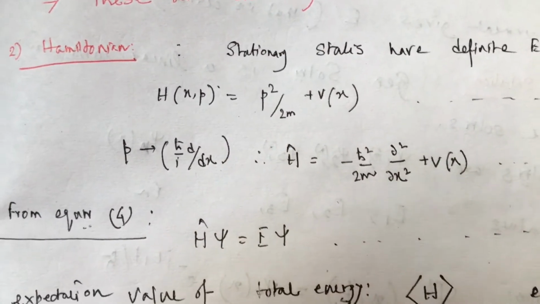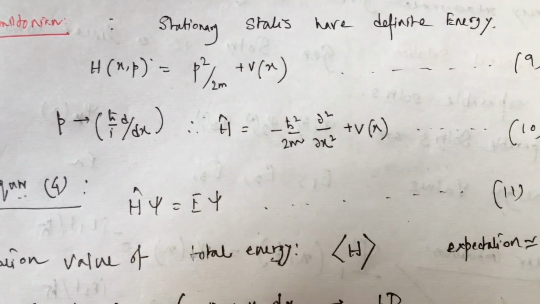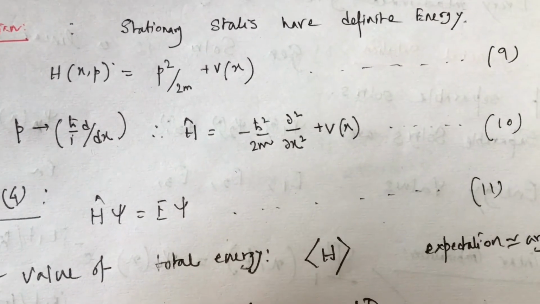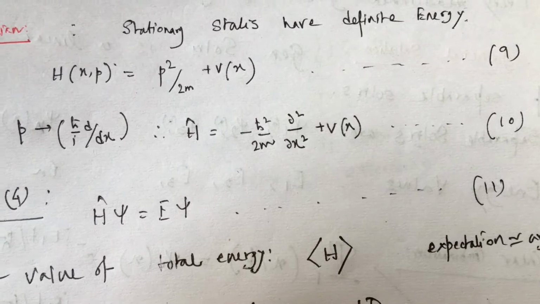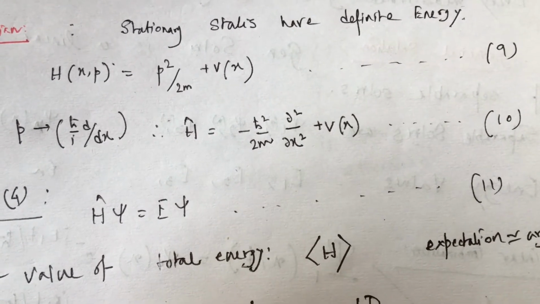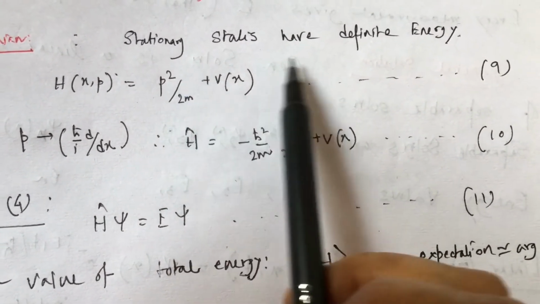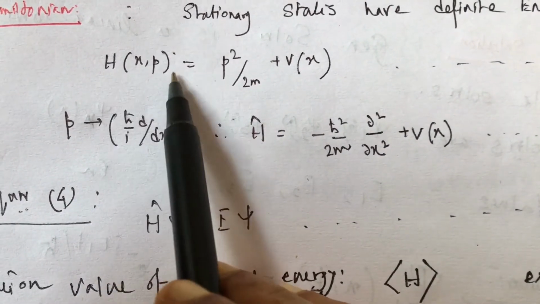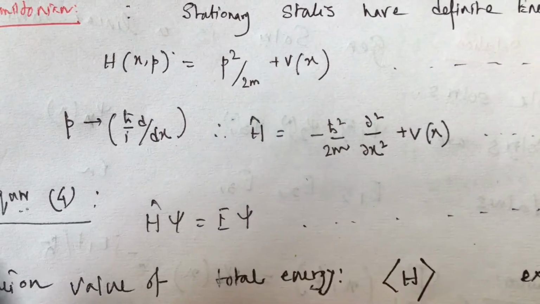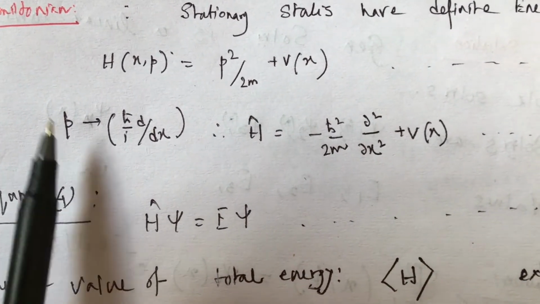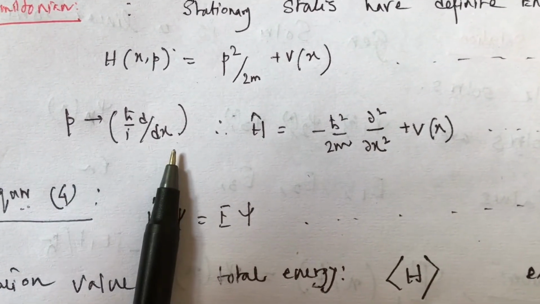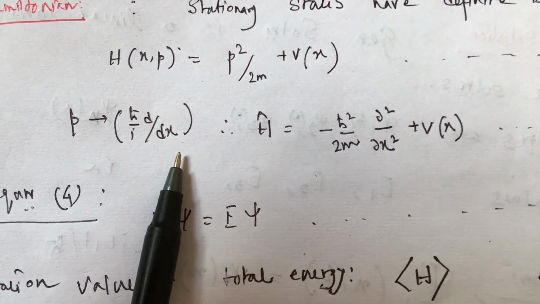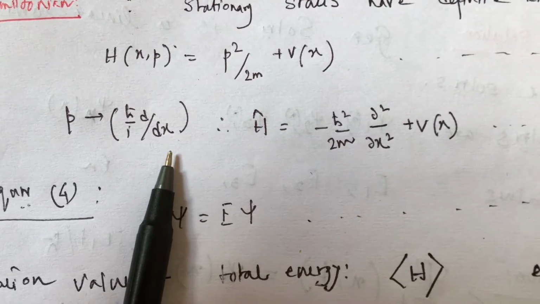Now let's come to the Hamiltonian. As these are stationary states, which means they do not have an explicit time dependence, they must have a definite energy value, and we know total energy is equal to kinetic energy plus potential energy. The momentum operator is by definition written as h cross by i d/dx. This is the standard definition of the momentum operator.